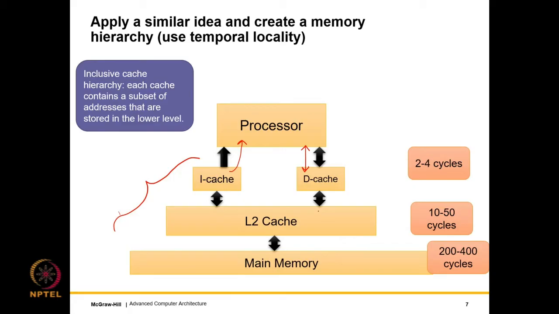So the set of addresses in the L2 cache is a superset of the set of addresses in the data cache, and the same holds true for the addresses in the main memory and the L2 cache. All the addresses that a program uses, this address range is known as the physical address space. We will look at this abstraction a little later, but for the time being, let us assume that the main memory contains data for all the addresses that the program will use.